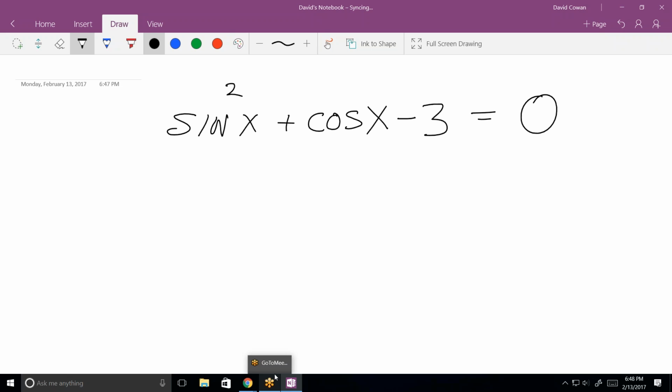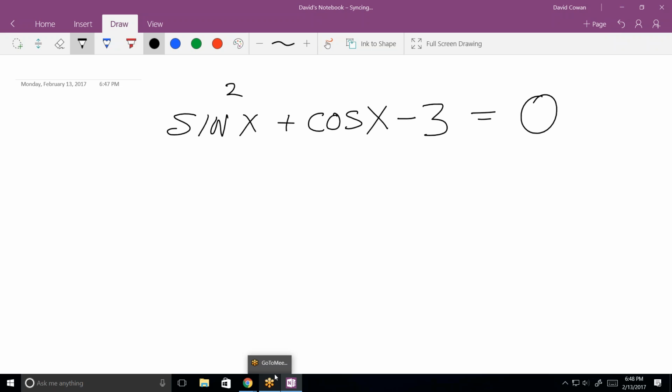Here is a real-life trig equation that you might run into with some sort of problem. In other words, if you're looking at a real-world problem and it gives you this equation and you have to solve it, solving trig equations is tough if you have different trig functions. Very, very difficult to solve if I end up with a sine and a cosine in it.